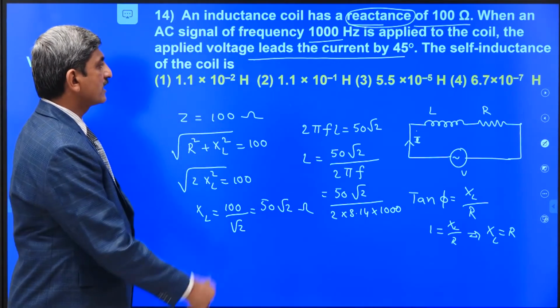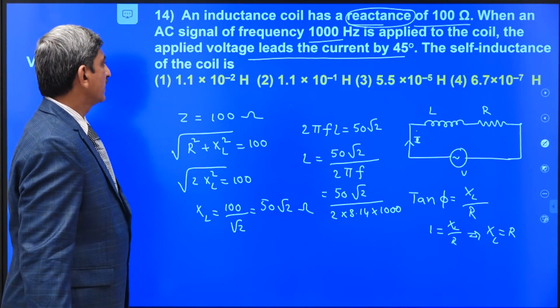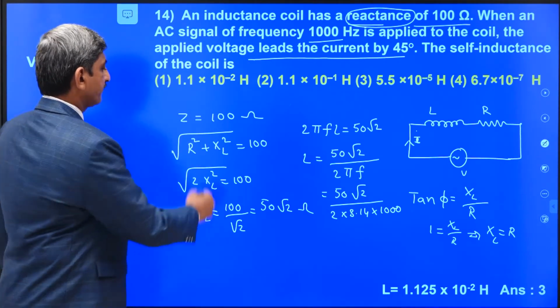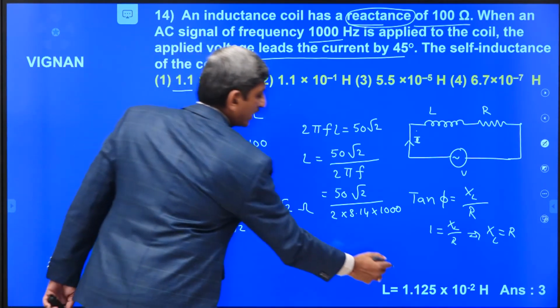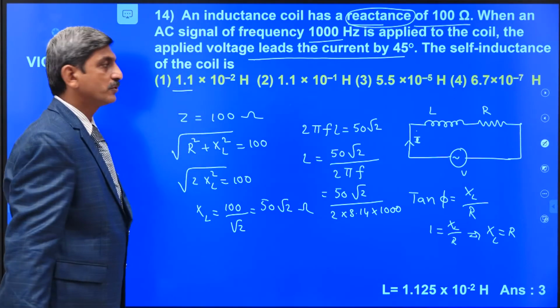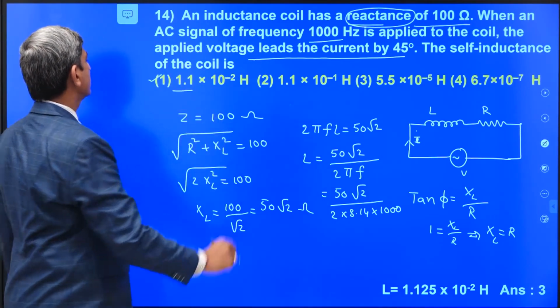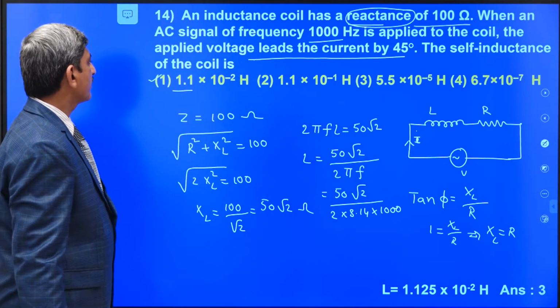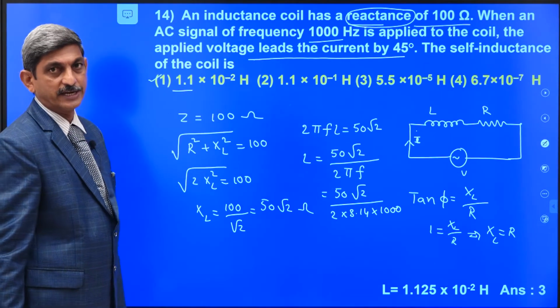Now by making the mathematical simplification, we get it as 1.125 into 10 to the power of minus 2 Henry. So the nearest answer is option 1, that is 1.1 into 10 to the power of minus 2 Henry.